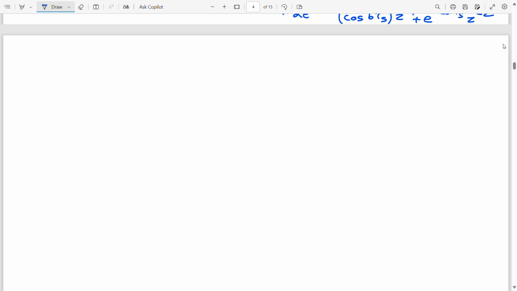We know that S is represented by sigma plus j omega and Z is represented by r into e power j omega. Here sigma decides the location of the poles, whether they lie on the left half or the right half of the S-plane.